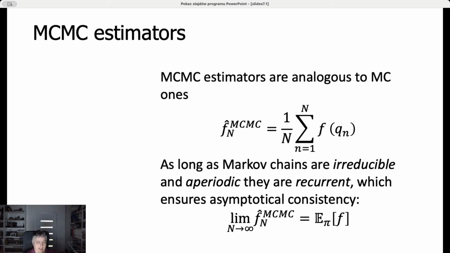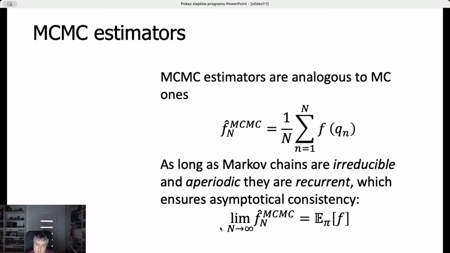And this is nice because the Markov chain Monte Carlo estimator is something that is very similar to the Monte Carlo estimator. That is, the average of samples that were obtained from the appropriate Markov chain that wanders around the typical set will be, as long as the Markov chain is irreducible, aperiodic, or otherwise known as recurrent, asymptotically consistent.